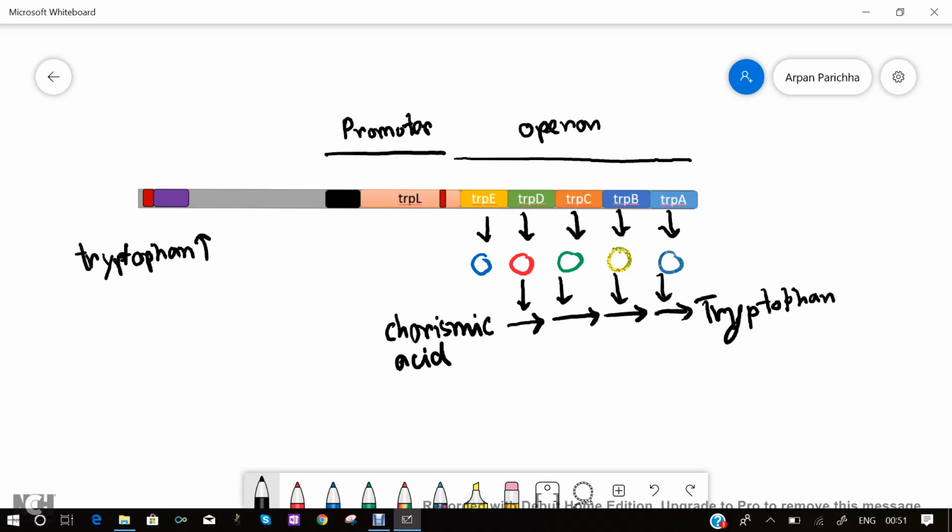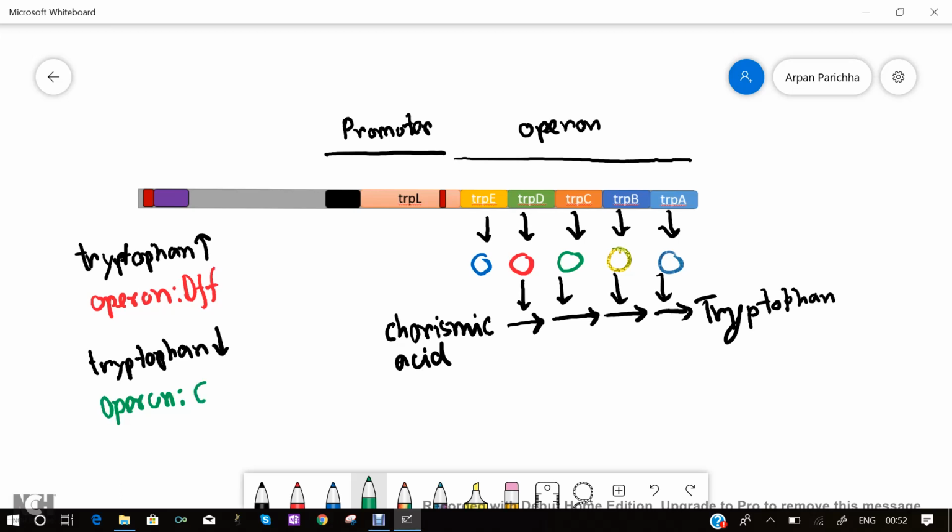So then what it would do is switch off the operon and try to save its energy. But whenever the tryptophan level is going down, then the operon would get switched on, in order to produce more tryptophan, such that that tryptophan could be used to produce many other amino acids. So that is pretty simple.